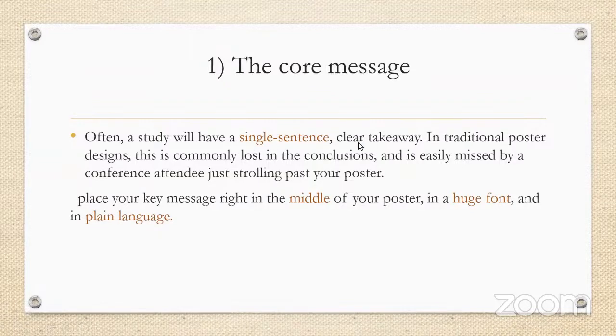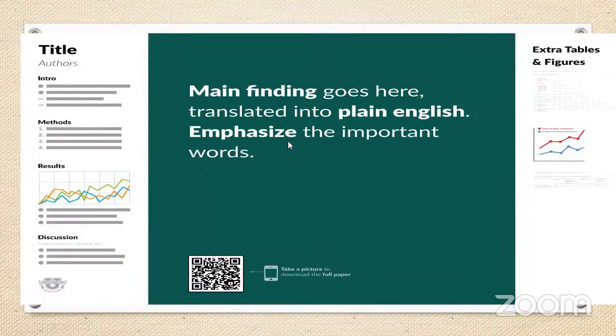In traditional poster designs, this is commonly lost in the conclusions and easily missed by a conference attendee just strolling past your poster. Place your key message right in the middle of your poster in a huge font and in plain language. Here, usually the main part of the study, or the conclusion or discussion, that you want everyone to know about your research.